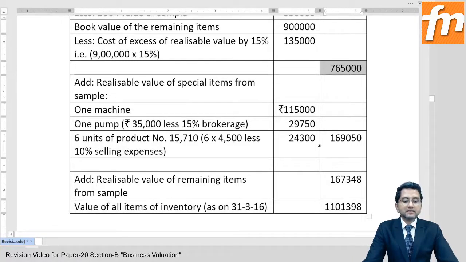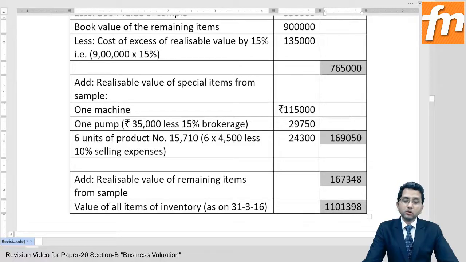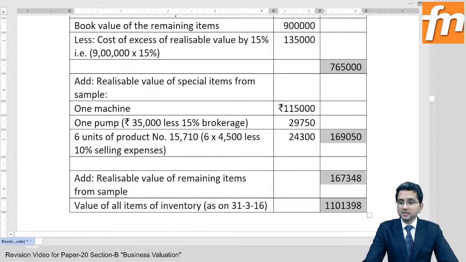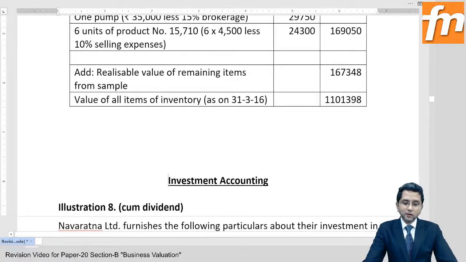That is 765 plus 169 plus 167 added together will become 11 lakh 1398. So yeah, though it's simple, but it's a different question. Cost or realizable value, whichever is less. Okay.